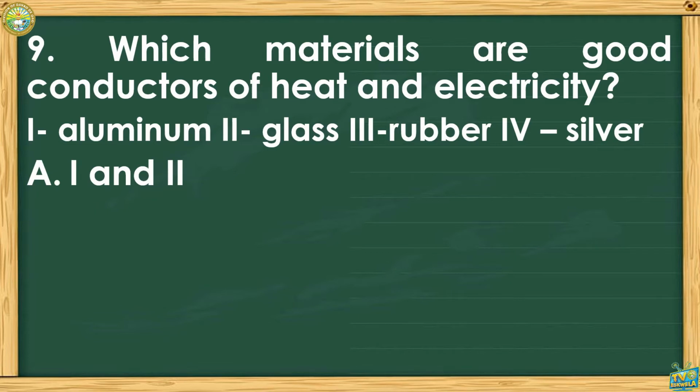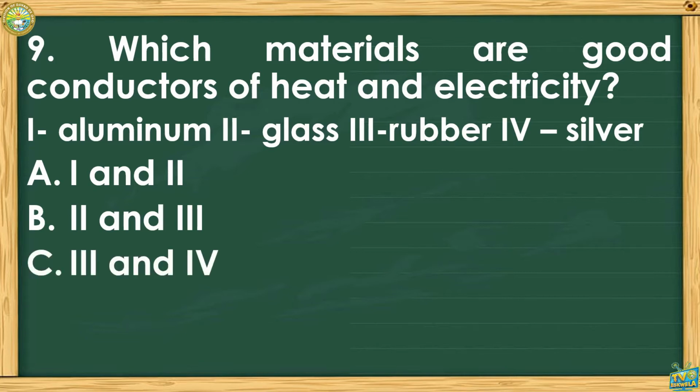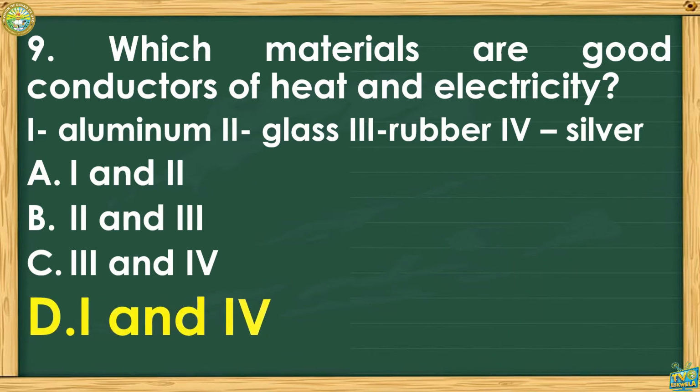Silver. Letter A, 1 and 2. Letter B, 2 and 3. Letter C, 3 and 4. Or letter D, 1 and 4. The correct answer is letter D, 1 aluminum and 4 silver.